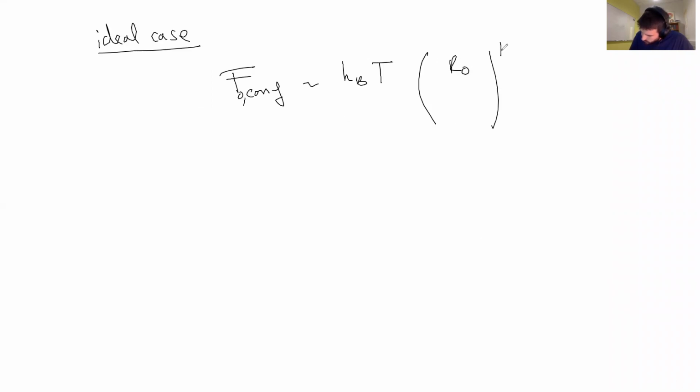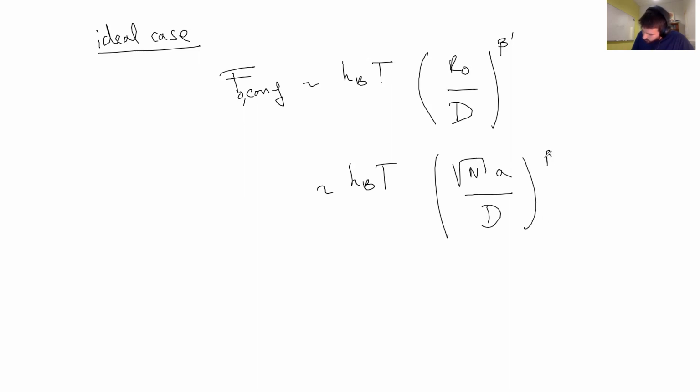R0 to beta prime, it's another exponent, divided by D. And now we have kBT times square root of NA over D to the power beta prime. And thus we end up with, if we assume that blobs are independent, beta prime should be equal to 2. So you end up with kBT.